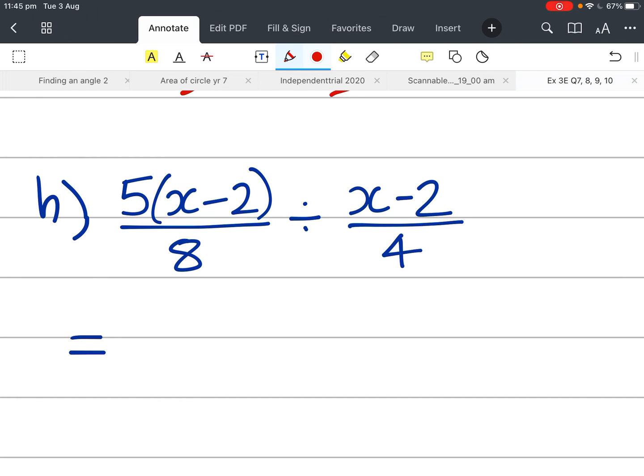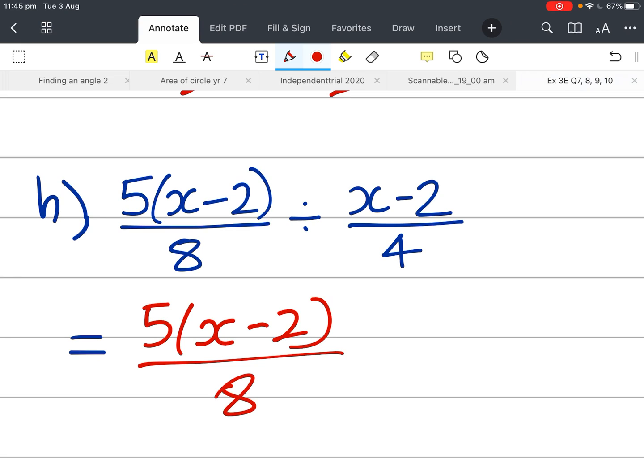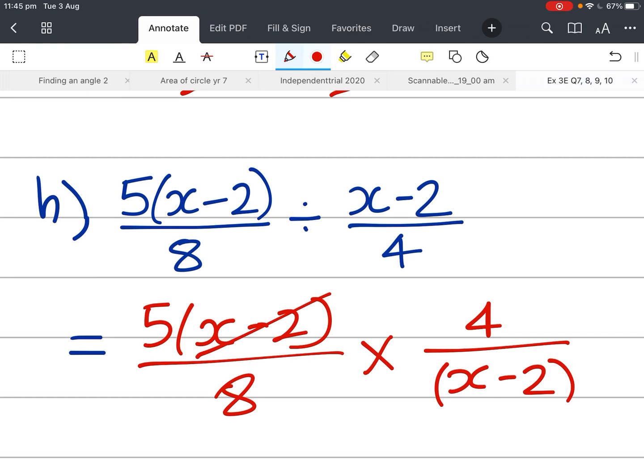All right, let's see how you went. So I rewrite the first fraction as it is. I flip my second fraction and oopsies, let's get rid of that. Made a mistake. I changed the division to a times. Now remember, that's the same as brackets. I have an x minus 2 on the top, x minus 2 on the bottom.